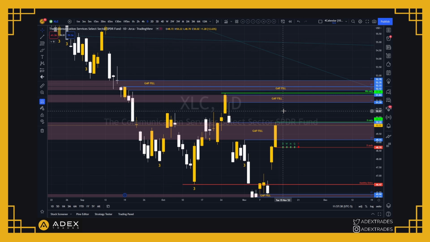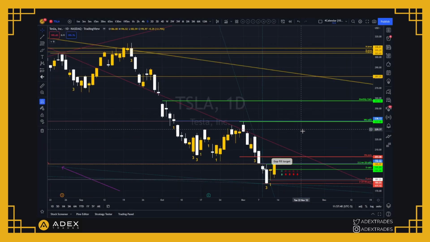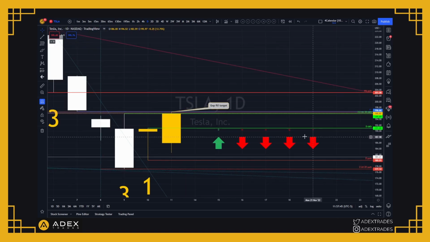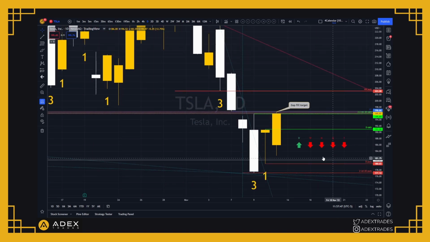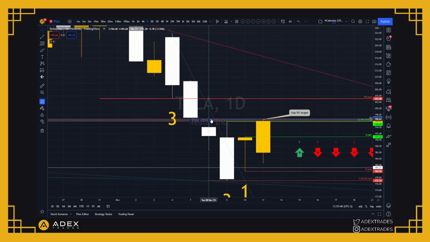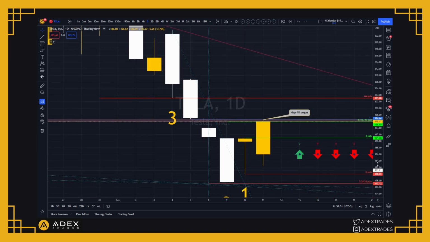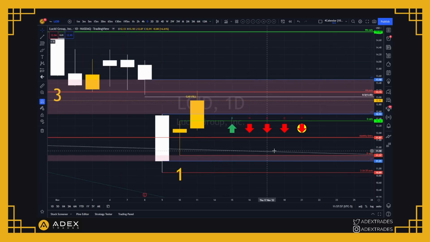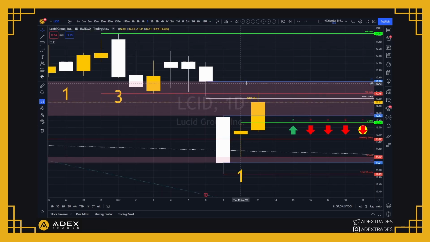Remember I said I wouldn't get out of Tesla until it got to the gap fill, and look at what happened. It's like bread and butter. Tesla, gap fill target to the upside, inside day hammer. Where am I going? Gap fill, easy. Lucid, inside day hammer with the gap fill target to the upside. Where am I going? Gap fill.